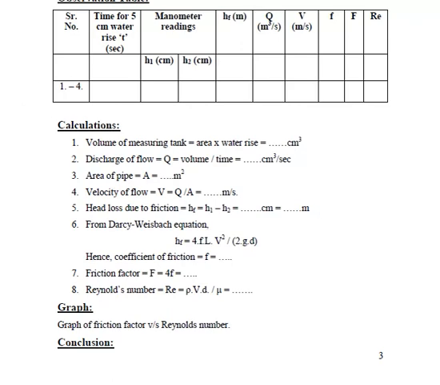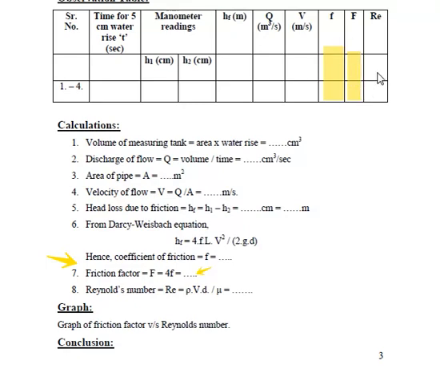Moving ahead, once you find the friction factor, you can find out the coefficient of friction, you can find out the friction factor. Now friction factor is 4 times the coefficient of friction. Here you can see. Okay, so these unknown quantities you have found out, that is friction factor, coefficient of friction.